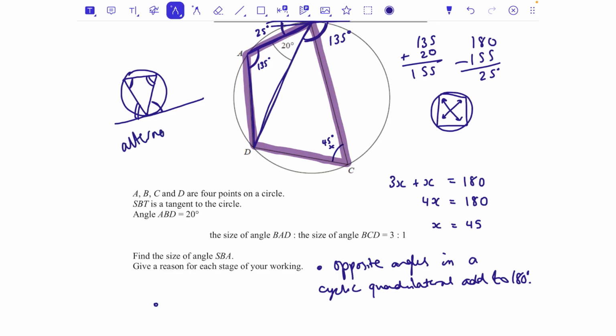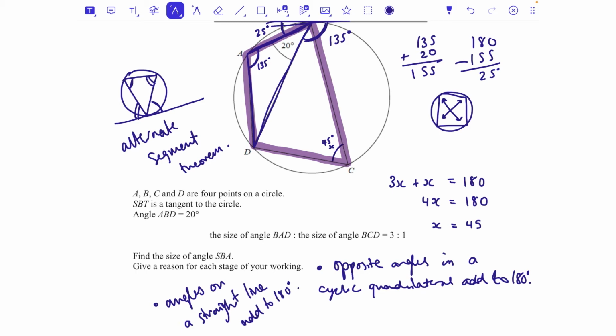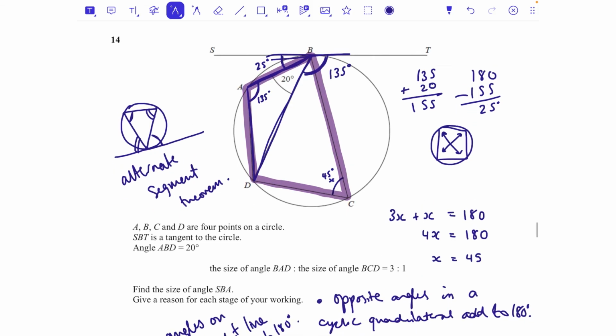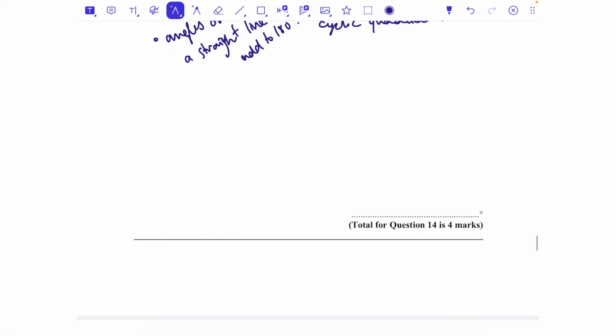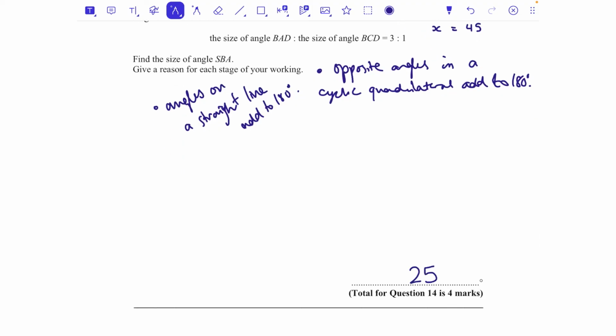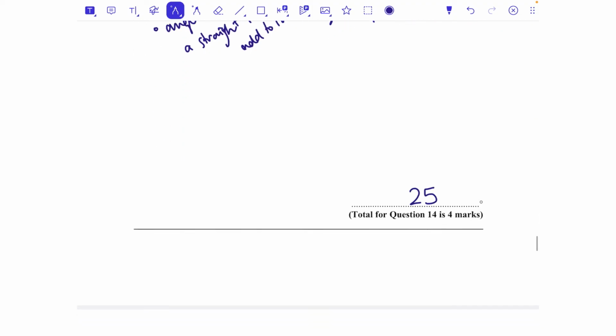And we also used angles on a straight line, add to 180 degrees. Was that everything we used? I think it was. That's everything. Yeah, there we go. So 4 marks for that one, and we said that our final answer would have been 25 degrees. Very tricky, that one. Circle theorems, so get to know them.